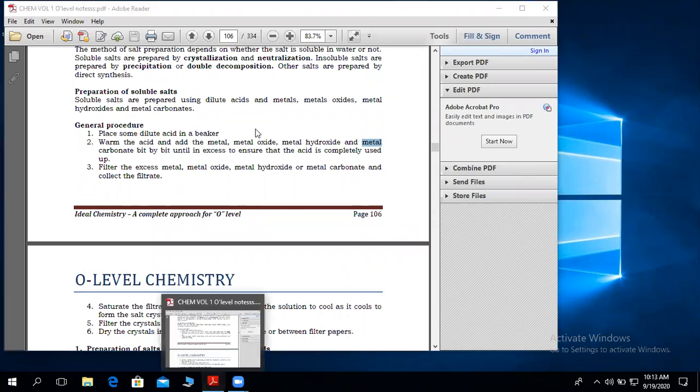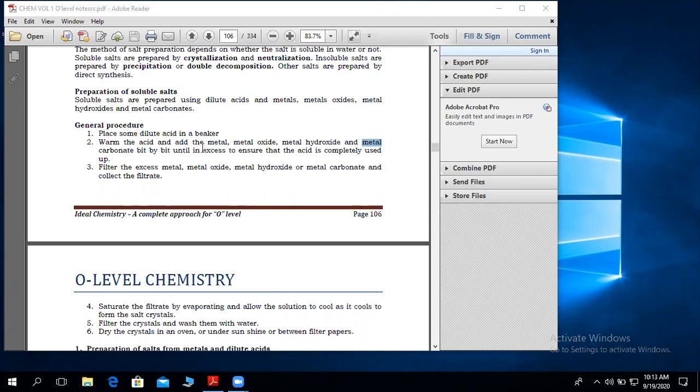That's when we say it is in excess. So someone can say, add metal little at a time until it cannot dissolve any more, to ensure that the acid is completely used up.